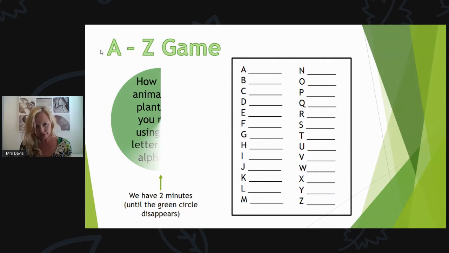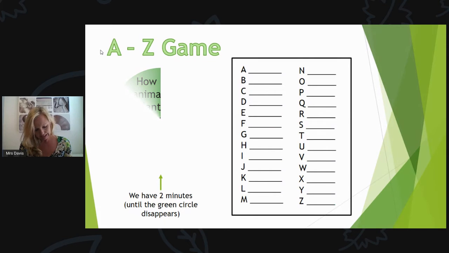Oh no, I've got a plant now. I got stuck on that one. Oh, 5, 4, 3, 2, 1.